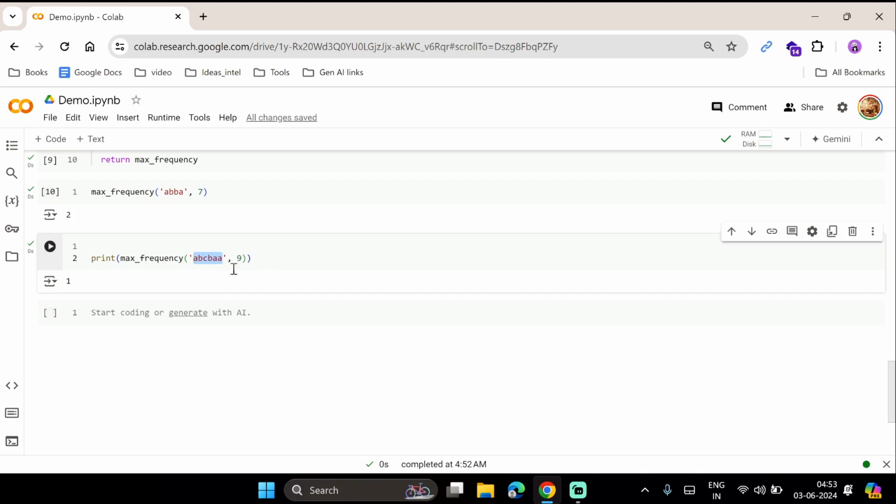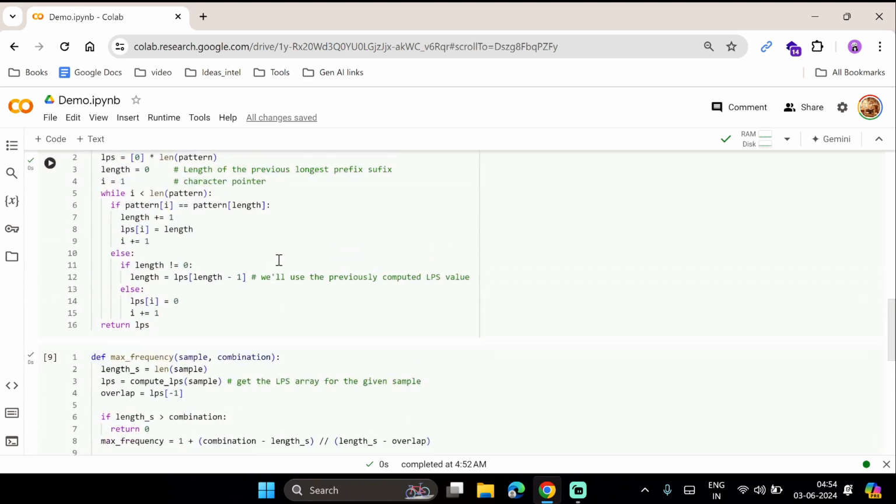This maximum frequency, you can make it two if some of the suffix also comes into the prefix, right? If some of the suffixes come as prefix as well, then there would be a larger overlap. The larger the overlap is, the more times you can fit this string as a substring. So this is what we need to understand, and this is how the KMP algorithm works.